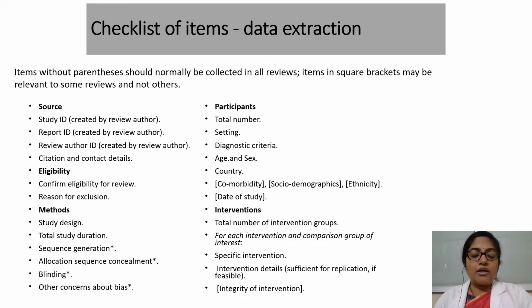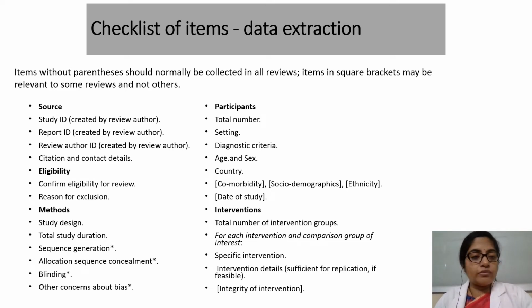Now, a checklist of items for data extraction. As you can see here, the items without parentheses should normally be collected in all reviews. Items in square brackets may be relevant to some reviews and not others. So here we can see source, eligibility, methods, participants, interventions, and various subtopics.